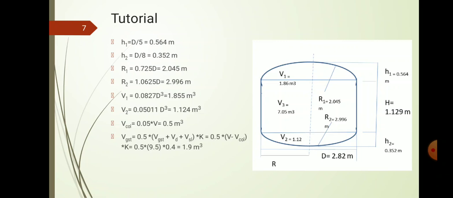Similarly H1, H2 and capital H. All these we can simply find using these design equations. So like this we can select the size of a digester based on our inputs. We have to do more problems like this from the textbook, etc.